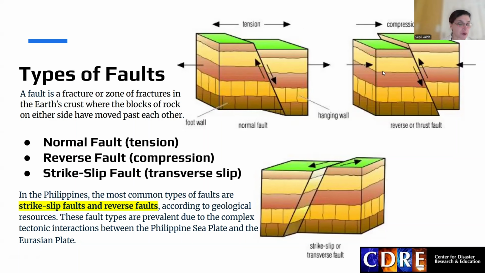The next one is the reverse fault. These occur in areas where the crust is shortened as a result of compression. As you can see, these arrows are being compressed. This is usually associated with really powerful earthquakes. All of these earthquakes are magnitude 8 or higher, so these are pretty strong ones.